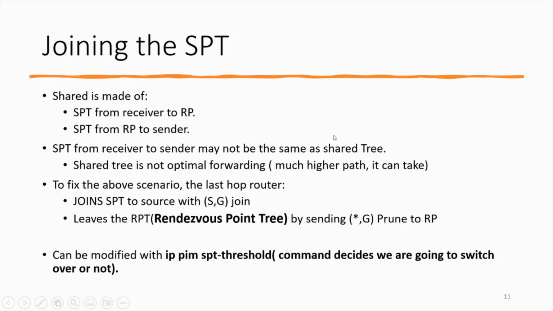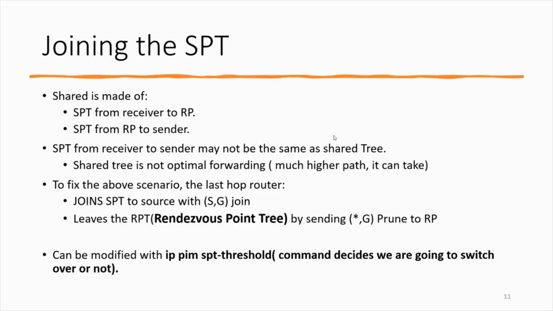Talking about the shared tree, it is basically the combination of two shortest path trees, from the RP to the sender as well as from the receiver to the RP. On many occasions, the shortest path tree from receiver to sender may not be the same as the shared tree, because the shared tree is not optimal forwarding, which could lead to an inefficient network.